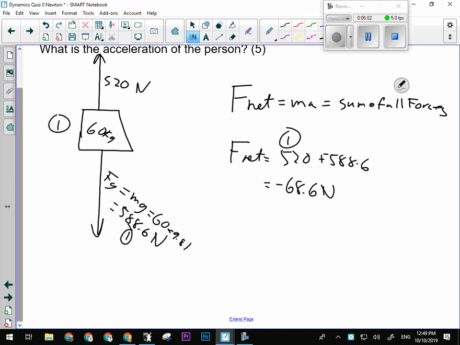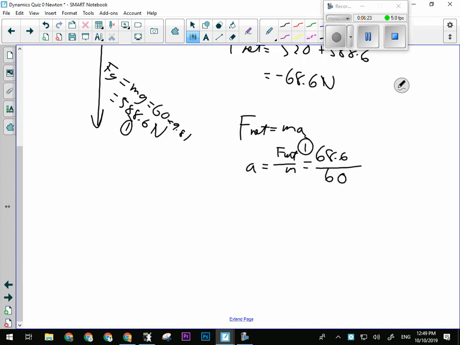Our next calculation then: F net equals m times a, so acceleration equals F net divided by m, 68.6 divided by 60 kilograms. They can have a mark if they show some kind of F equals m times a manipulation there.